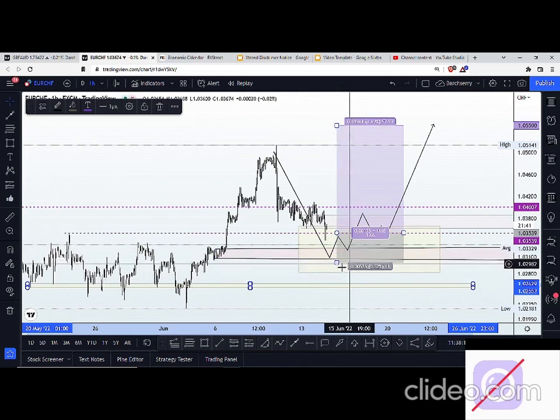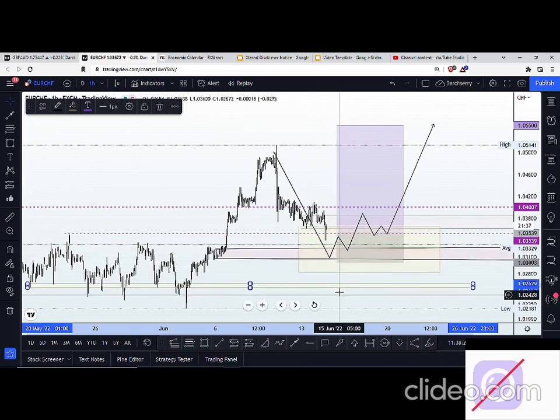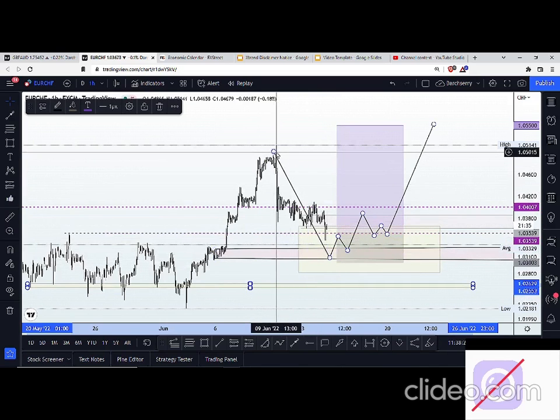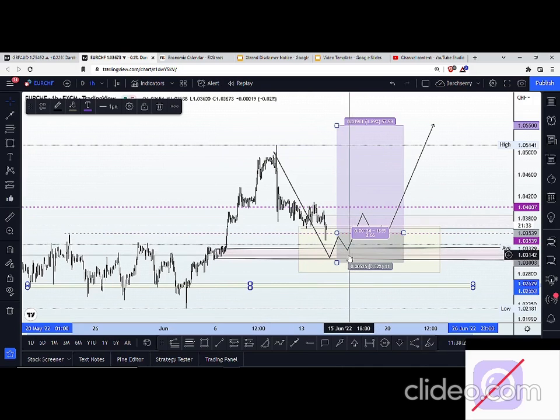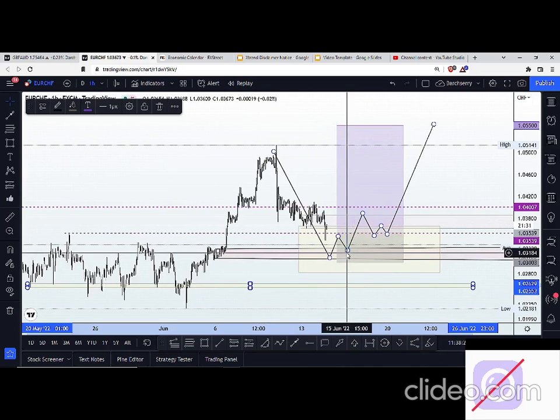We're expecting a bullish momentum and we're still waiting for the retracement phase that began on the 9th of June to end and then evolve into a reversal pattern that can signal a trend continuation to the upside.